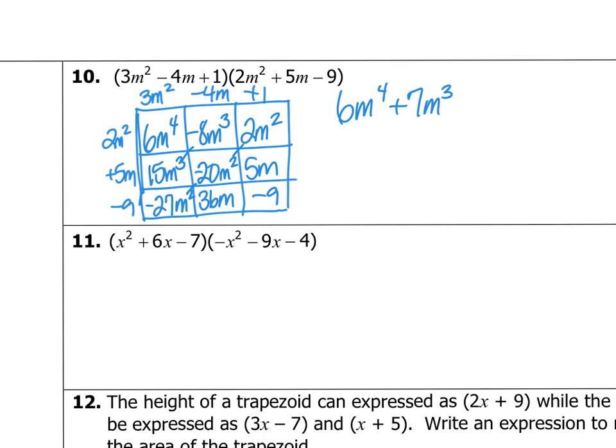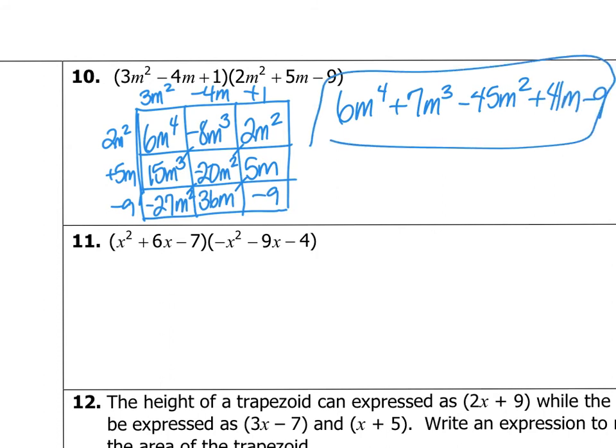So negative 27 plus negative 20 plus 2 would be negative 45m squared. And then I'm going to put these two. So I got 36 plus 5 is positive 41m. And then minus 9. So on a trinomial times trinomial, you're going to set up 9 boxes, a 3 by 3 grid, multiply them out, and then combine your like terms.